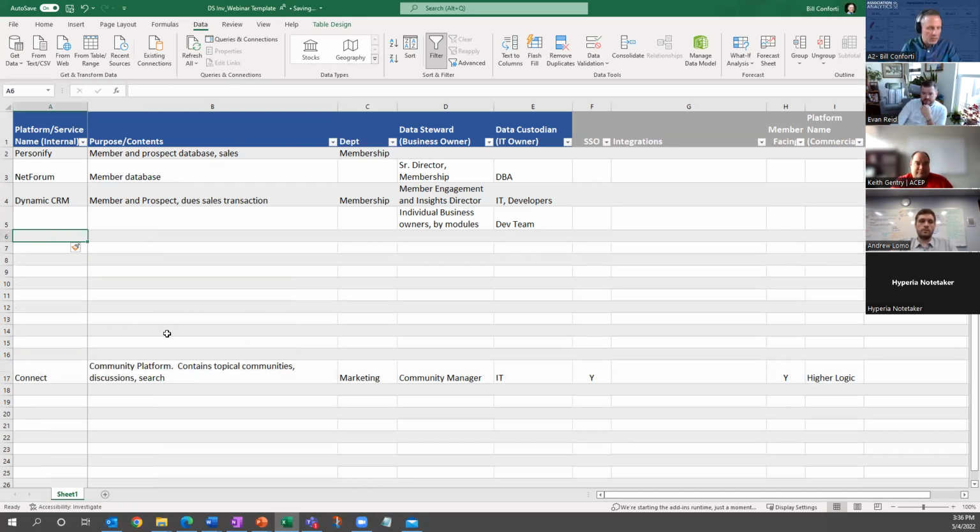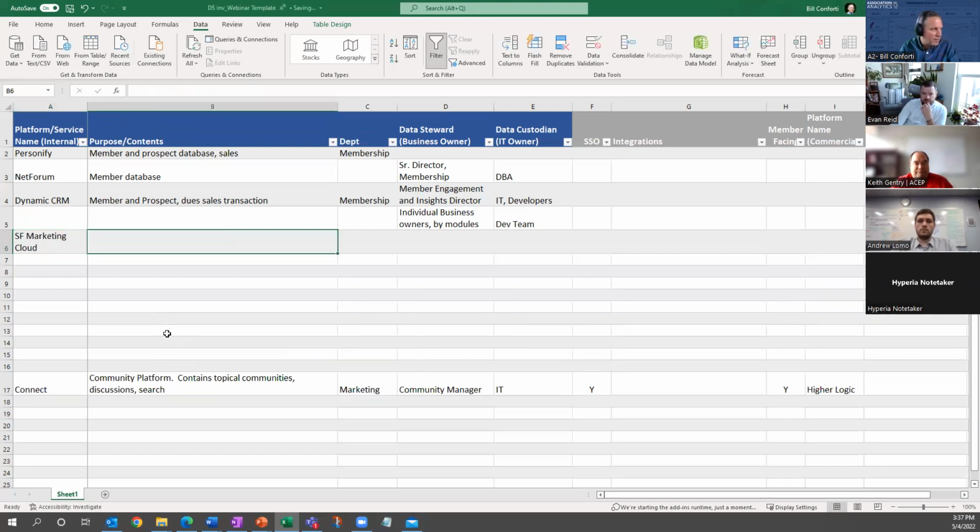Okay, let's go email. What do you call that service? Do you just name it by the name of the product, or do you have an internal name for it? Yeah, which I'm totally blanking. You can just call it Salesforce Marketing Cloud. Anything unique about the contents?